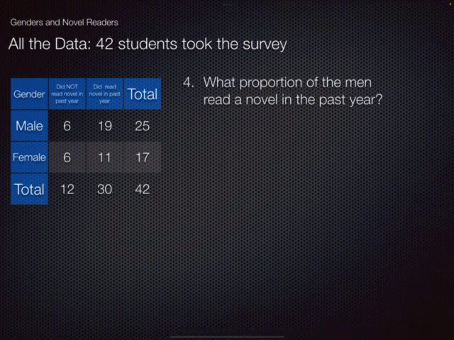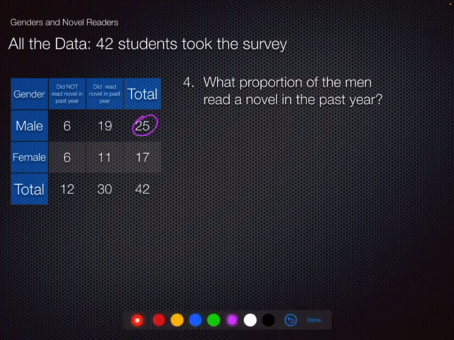Problem number 4. What proportion of the men read a novel? So for our men, there were 25 men. Men who read a novel, that's 19 out of 25. Again, we can leave that as a proportion, or I'm going to go ahead and multiply the top and bottom by 4, and I'll show you why in a second.